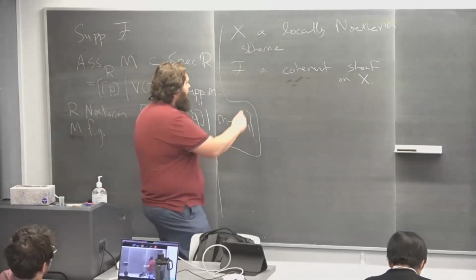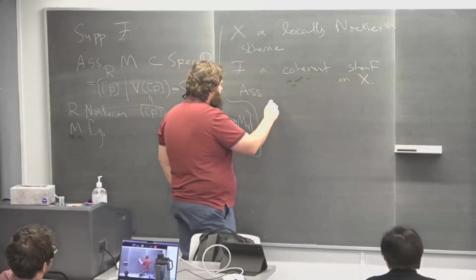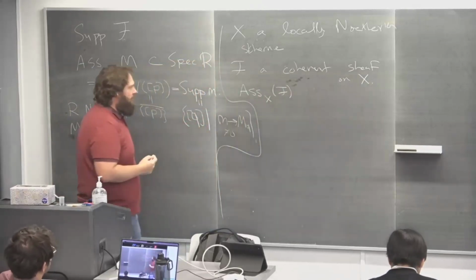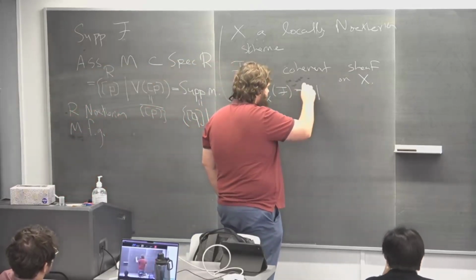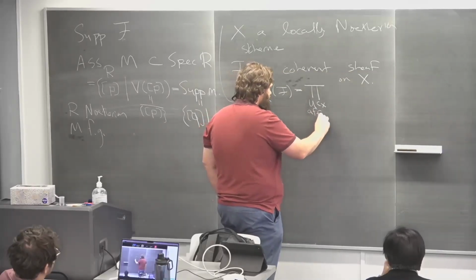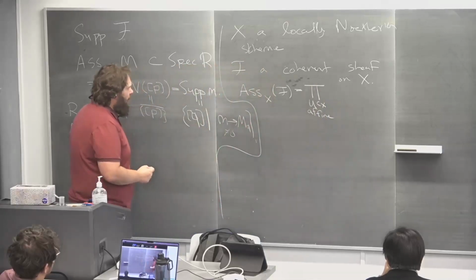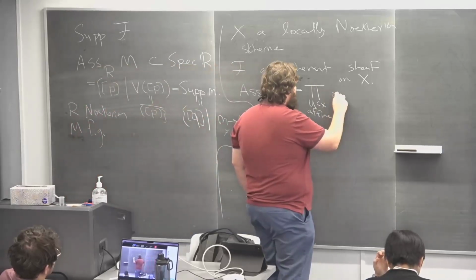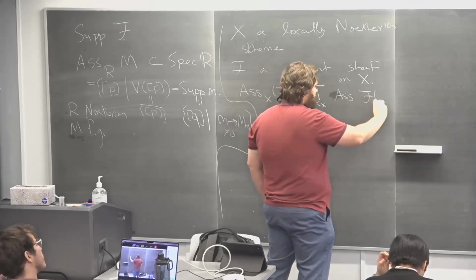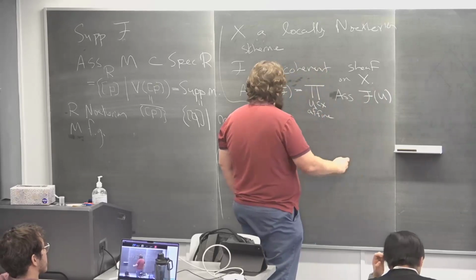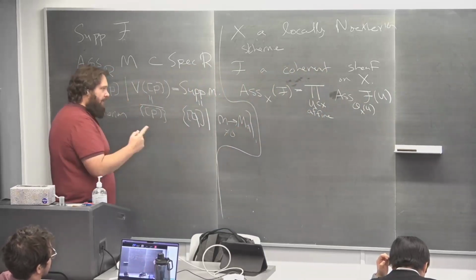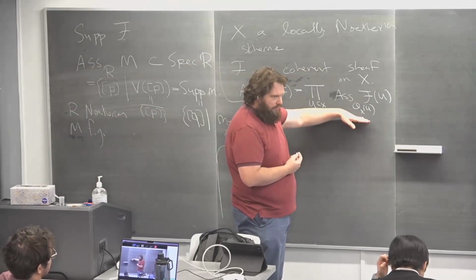Okay. So I can define the associated points in X of F by just saying, well, this is the union over all open subsets U which are affine schemes of the associated points of the sections of F on U as a module over the sections of the structure sheaf on U. So if I have an affine subscheme, it's spec of this ring of sections.